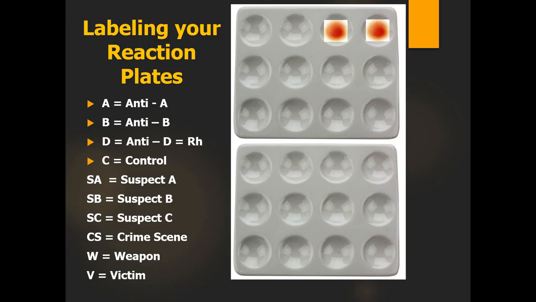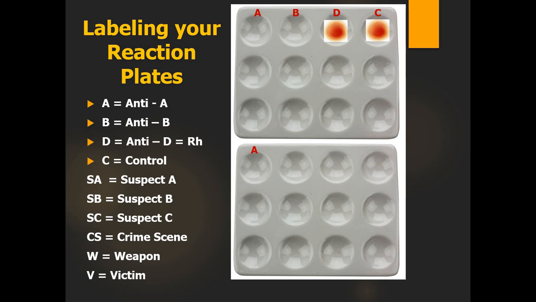When you go back there, you're going to have 2 plates. Every group needs 2 plates that look like this. First, you're going to label. Cross the top with the wax pencil and go A, B, D, and C. C is your control, anti-A, anti-B, D is your RH. If you want to put control first, I don't care.